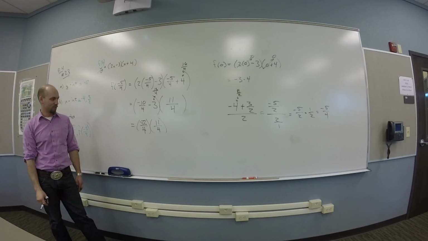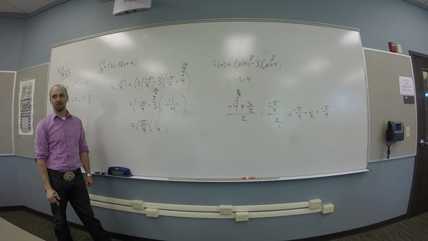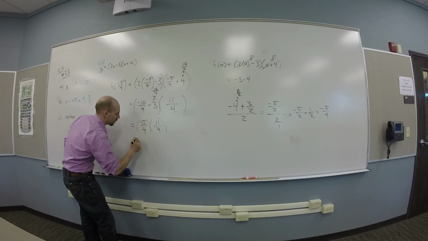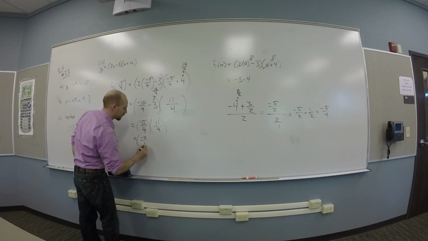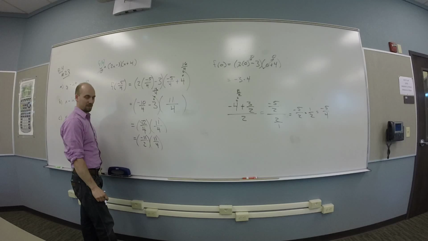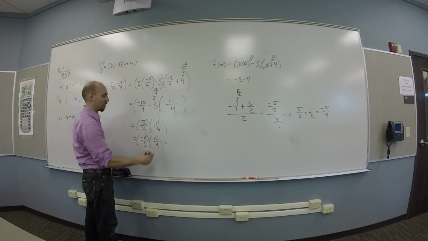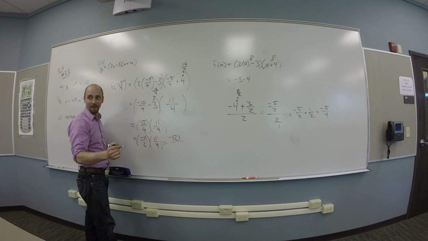Okay, so I got negative 22 quarters times 11 quarters. Can you do any better than this? You simplify the 22. Yeah, you can cancel a 2 here, right? So that's negative 11 halves times 11 quarters, which gives us all told negative 121 over 8.